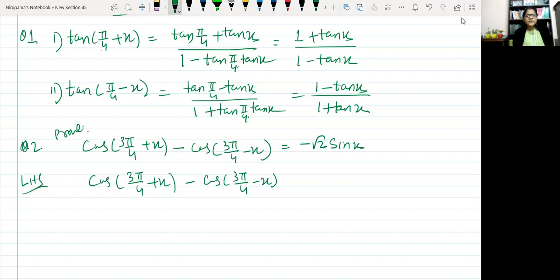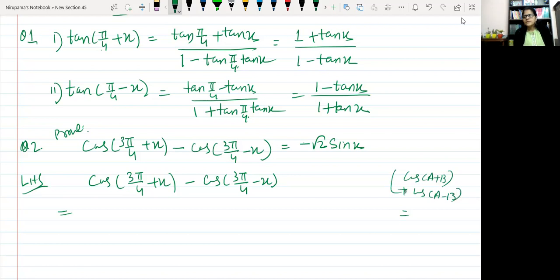The other way is, you can see here it is in the form of cos(a+b) minus cos(a-b). Okay, and we know cos(a+b) plus cos(a-b) is what?